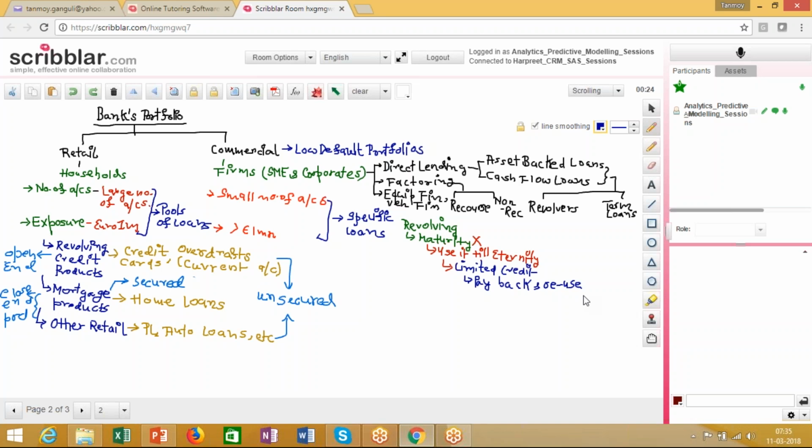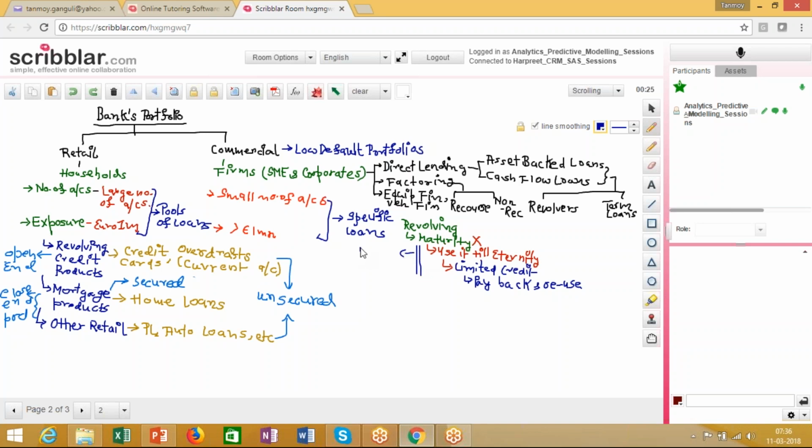Right? So basically, what happens is you use it. If you have a revolving maturity, you use it till eternity. You have limited credit, then you pay back and reuse, right? So this is the overall idea for any revolving product in general. And within the revolving product, we have two broad product types.